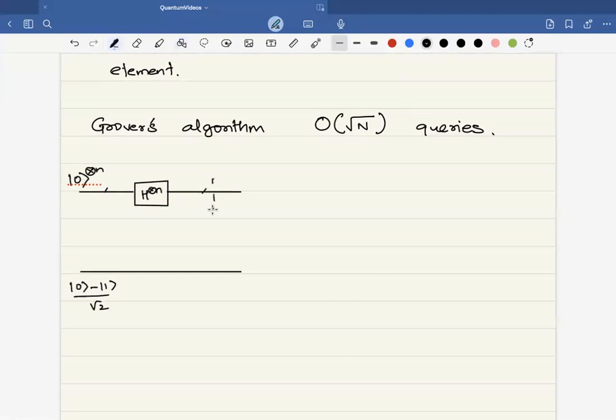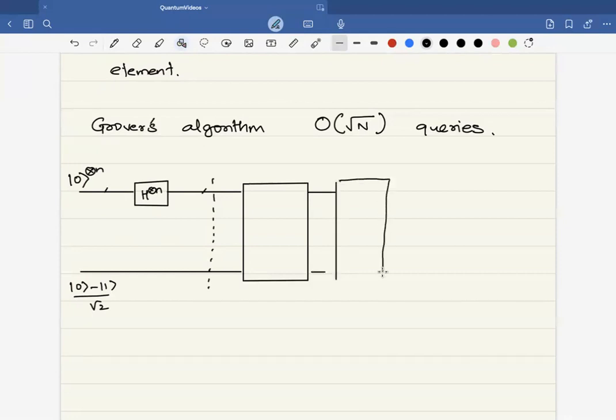And after this point, you have a series of applications of what is known as the Grover operator. And so on.